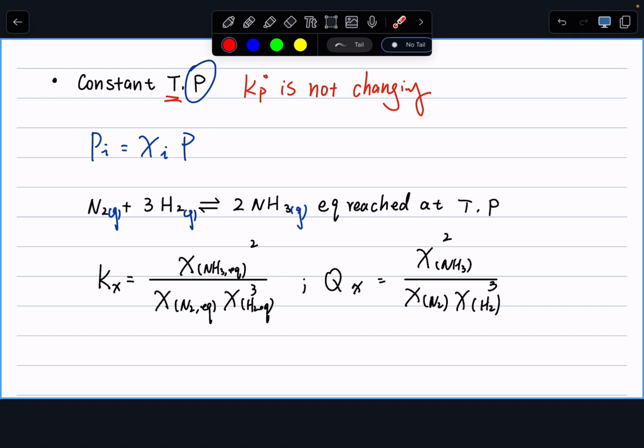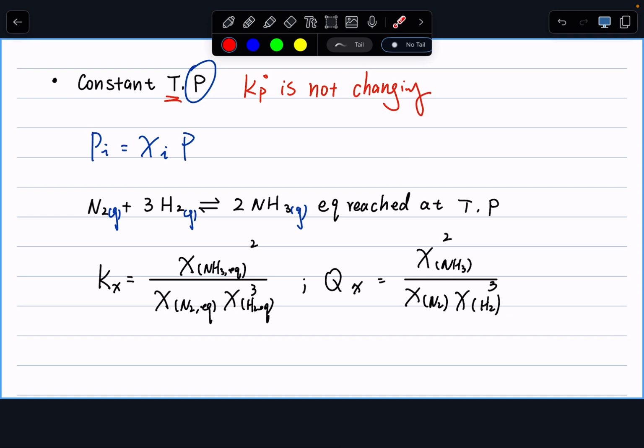So we can calculate our Kp naught, or Kx naught, it doesn't really matter, to be 0.2 squared, since NH3 has stoichiometric number 2, over 0.6 times 0.2 cubed. You can plug that into your calculator to get 8.333.